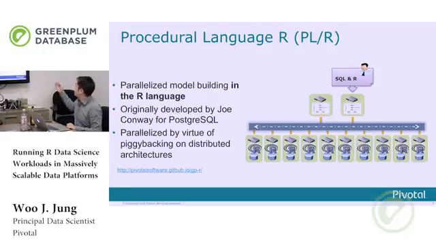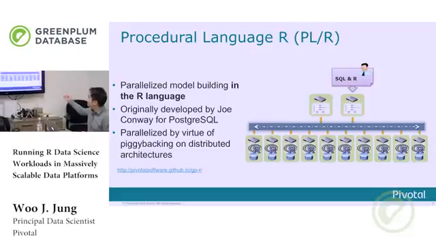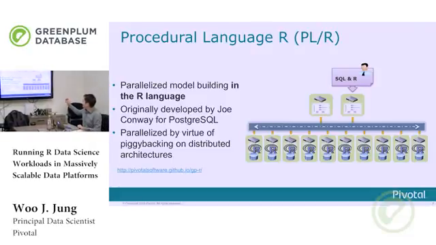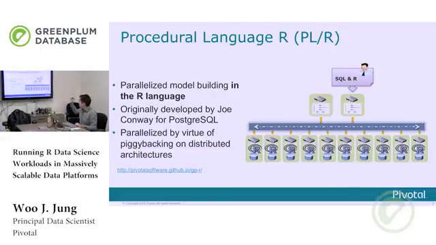If we think of this diagram as your Greenplum cluster, with a master node and several segment nodes at the bottom, you can have R runtimes running in parallel across the stack and increase the productivity of your data scientists as they get to insights.